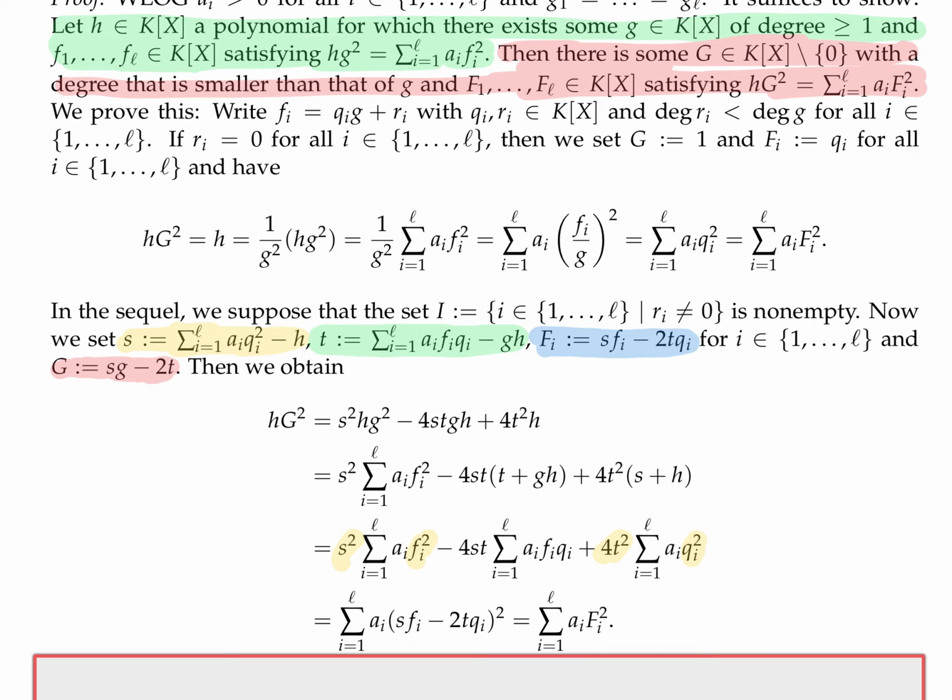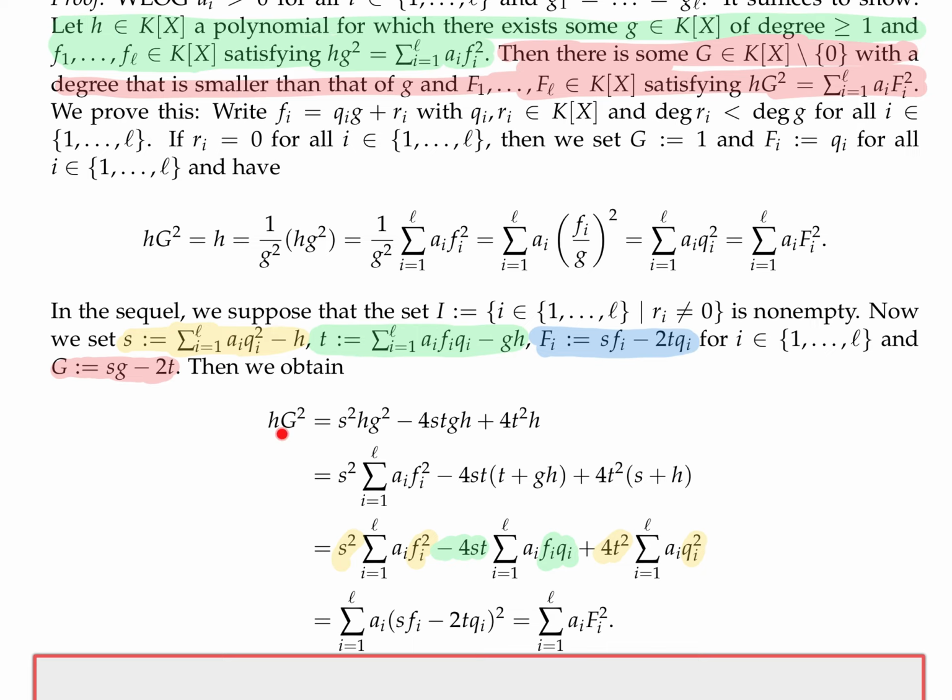term is minus 4, let me do it in green, minus 4st, and then here we have fiqi, right? And this gives me exactly this, what is this square here, right? And then sfi minus 2tqi, you see, that was exactly my capital Fi.